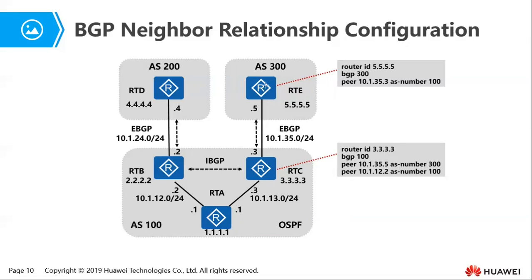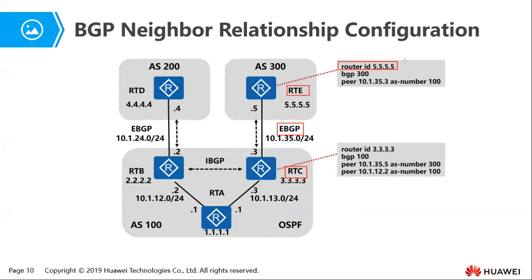So in this example, let's look at how we can configure an EBGP neighbor relationship between RTE, which is in AS300, and RTC, which is in AS100. Just like in OSPF, you need to configure a router ID in order to uniquely identify the router.